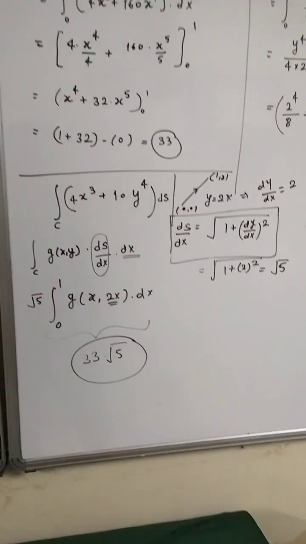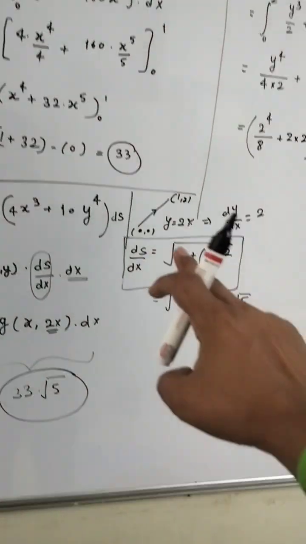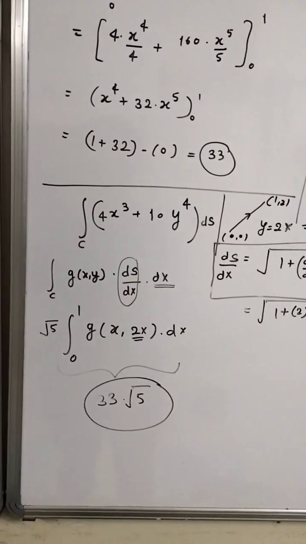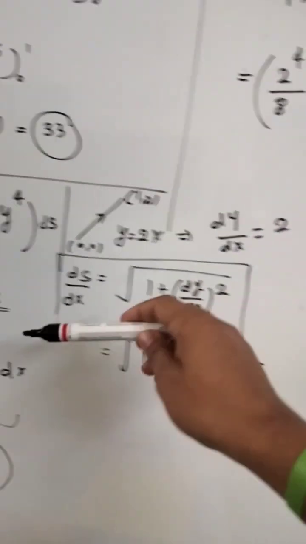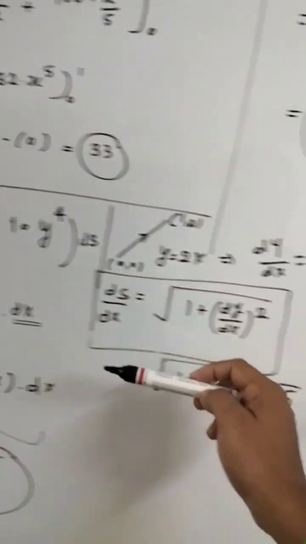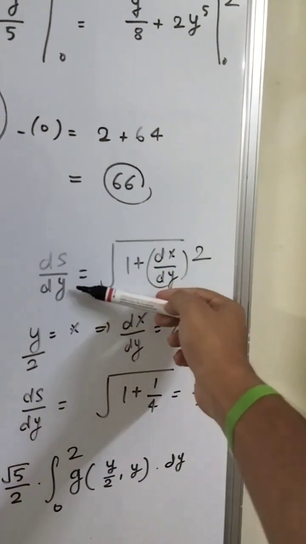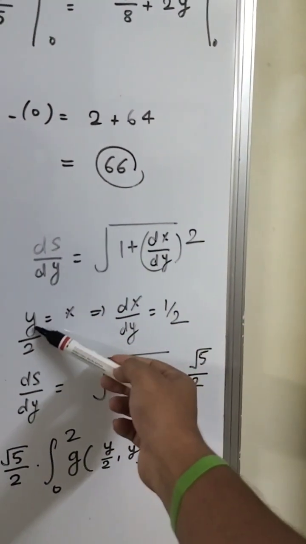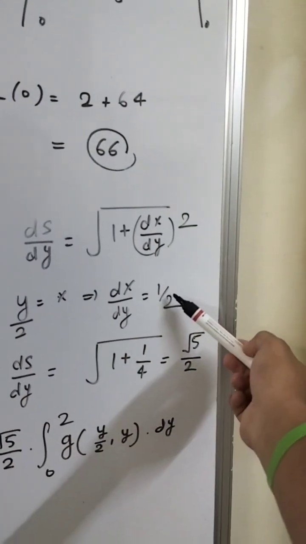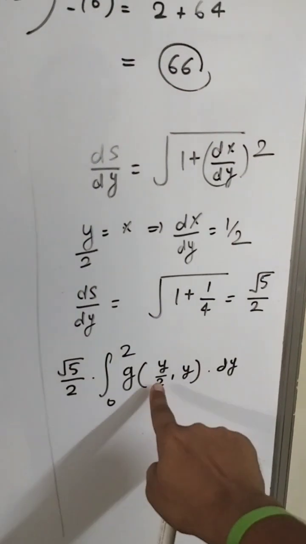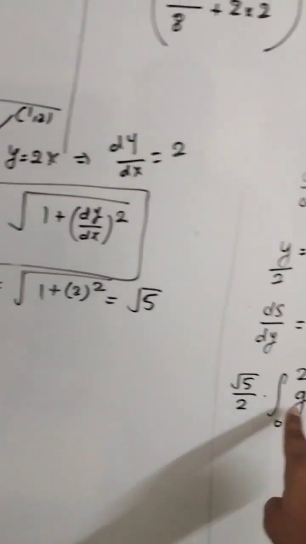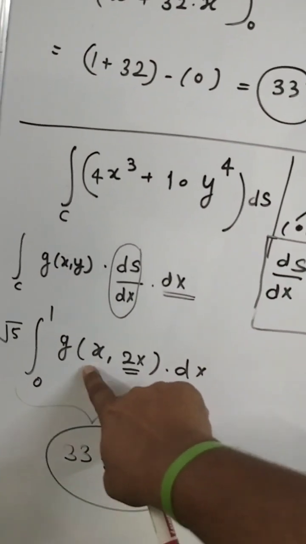You can try this question by dx by dy also. Let me do it. If you want to solve it with respect to ds upon dy into dy, you need to find ds by dy, which is this much. Y equals 2x, x equals y by 2, and you solve and put the value. This will come root 5 by 2, and you integrate. Now here you need to change x into y. Here you change y equals 2x, x as it is.